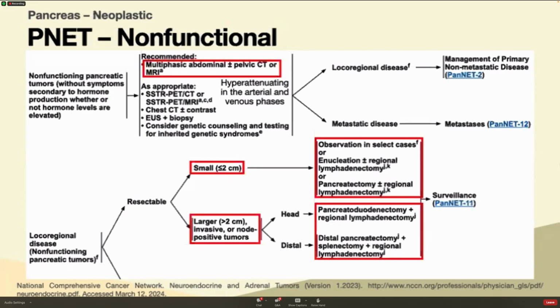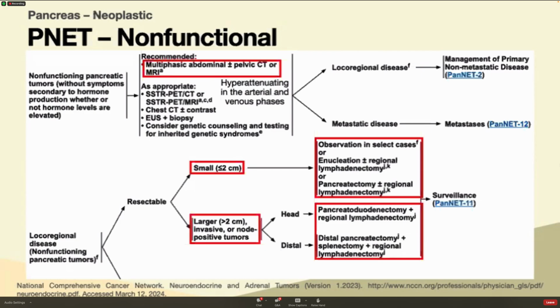For lesions less than 1 cm, usually lymphadenectomy is not needed, but in lesions between 1 to 2 cm, there's a higher chance for lymph node metastasis, so lymphadenectomy may be done.